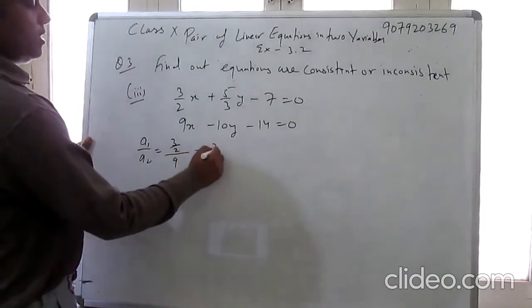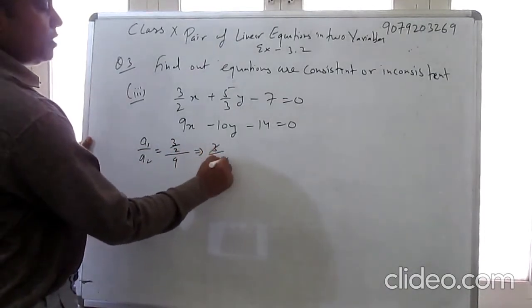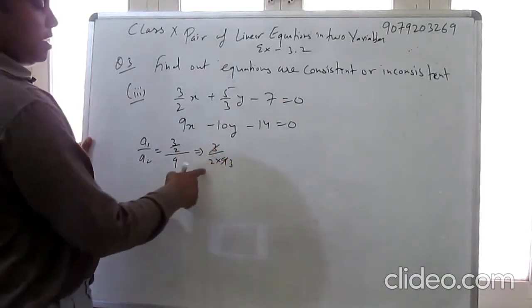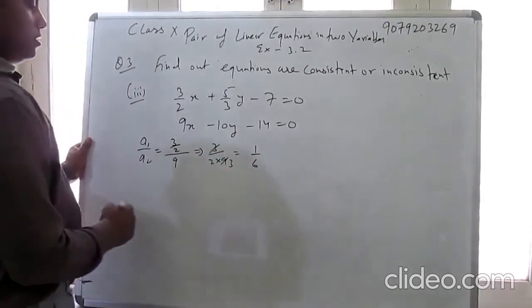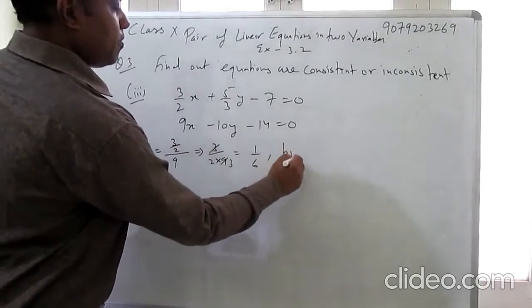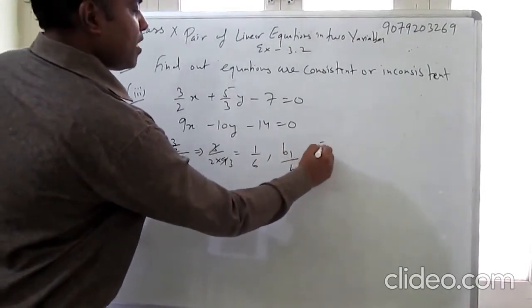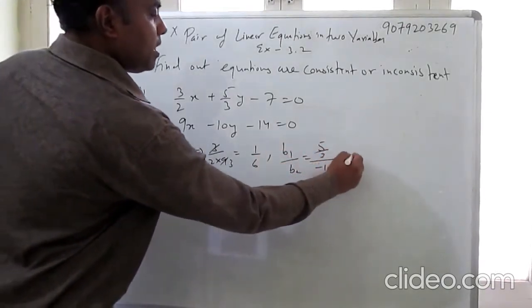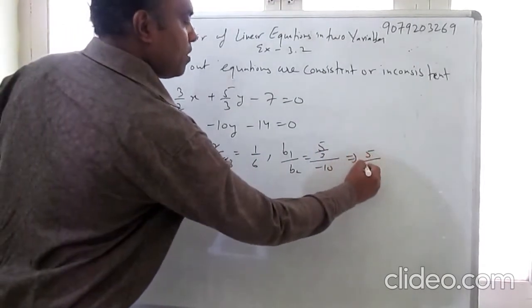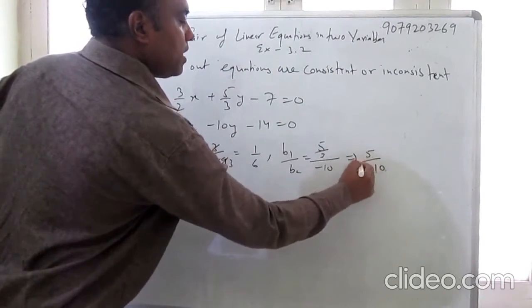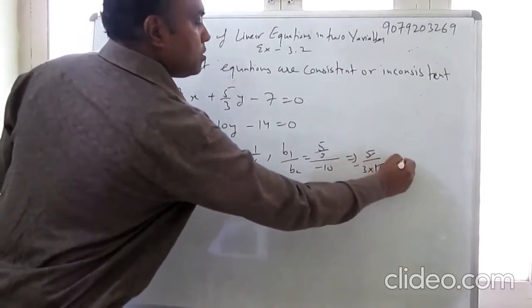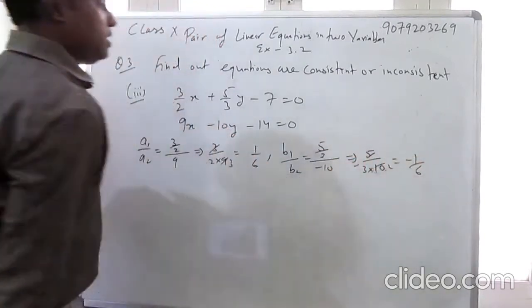You can write 3 upon 2 into 9, cancel out, and a1 upon a2 is 1 upon 6. Now b1 upon b2 is 5 by 3 upon minus 10, this will come out 5 upon 3 into minus 10, minus will come here, so it is minus 1 by 6.